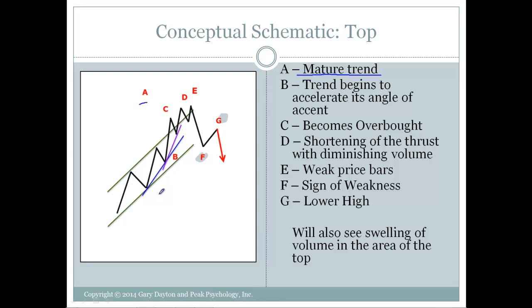What we're also going to see, not in every case but in many, is that the trend begins to accelerate its angle of ascent. We'll see exactly what that means, but you'll start to see that buyers get even more eager.